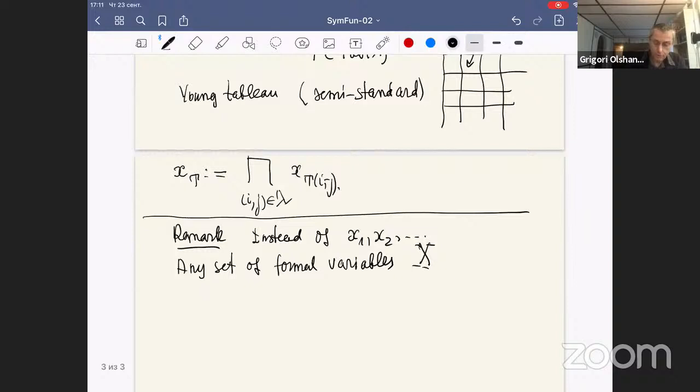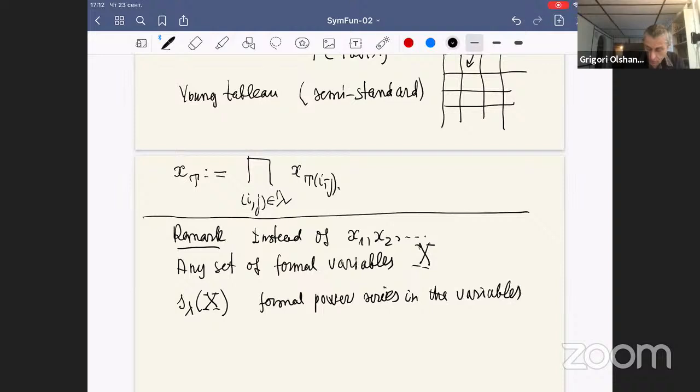What I would like to say is that using any set of formal variables, we can write this. This is some formal power series in the variables x, ranging from this set capital X, which I will call the alphabet.